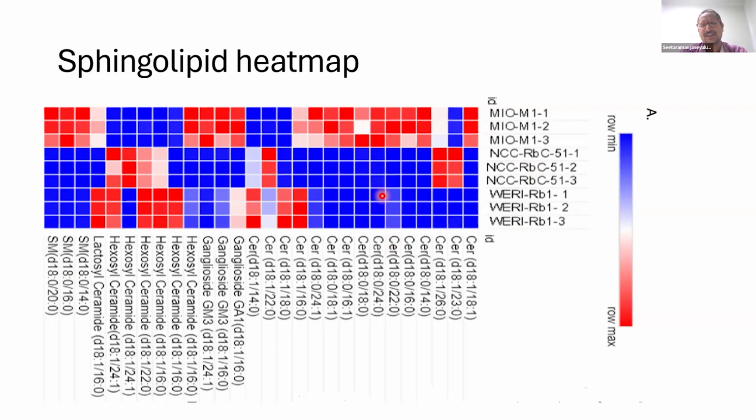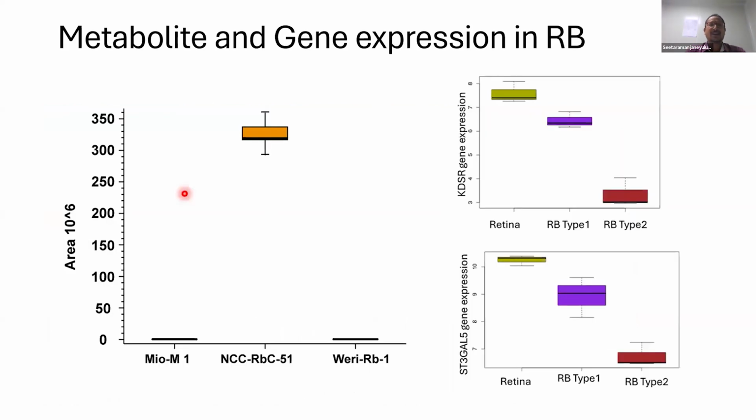It's a known fact that ceramide is anti-proliferative, and so maybe that is the reason the cancer cells didn't like it. But if you see the glycosphingolipids, hexosyl ceramide is upregulated. This is an interesting feature. We could see that hexosyl ceramide is upregulated in NCC and WERI also.